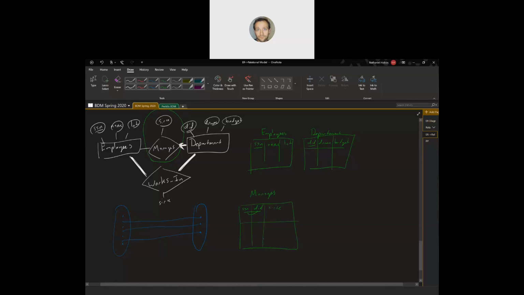So let's see. Trying to come up with some examples. So here's an employee 111, 2. Oh, and I'm assuming that these are foreign keys. Okay, so a composite key, for example, would this be okay?